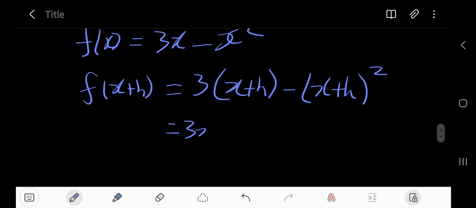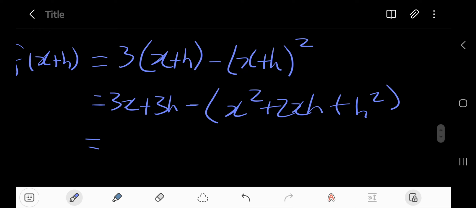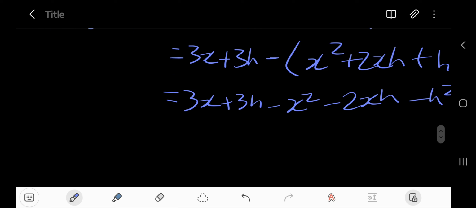This is just going to be 3x plus 3h minus, and let's not distribute the negative before we do the exponent, so x squared plus 2xh plus h squared. Now we can distribute the negative, so we still have 3x plus 3h here, minus x squared minus 2xh minus h squared.